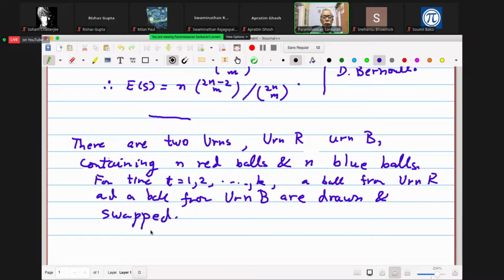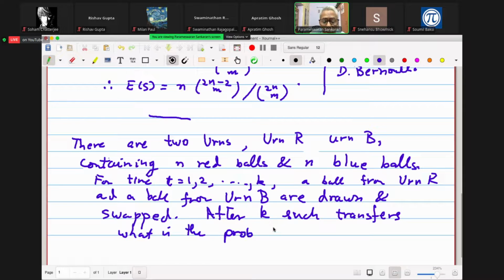After k such transfers, what's the probability that urn R has n red balls?